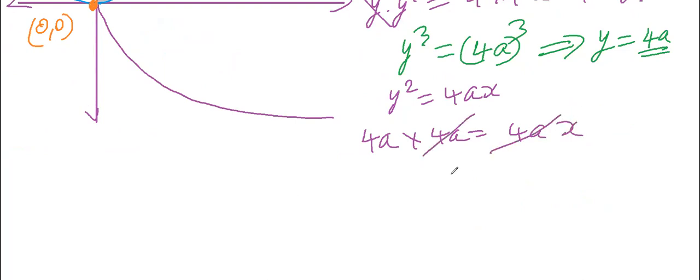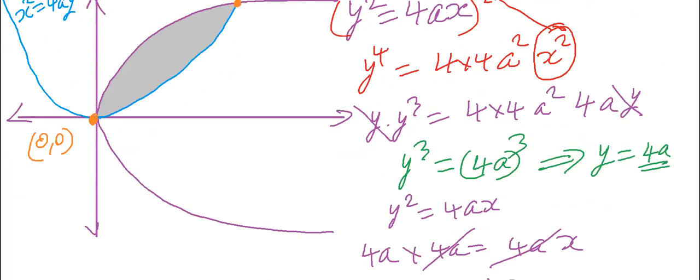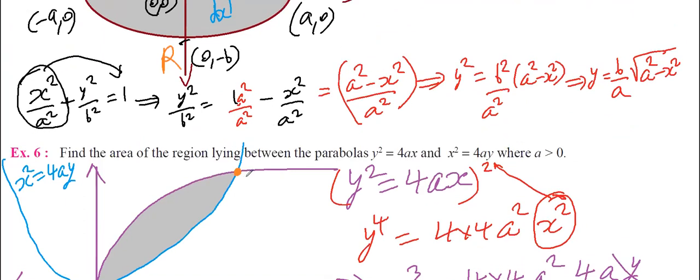This 4a gets cancelled. You will get the value of x as 4a. So you have got the other point also. What is this point? This is 4a and this is again 4a. So 4a, 4a is this particular point.